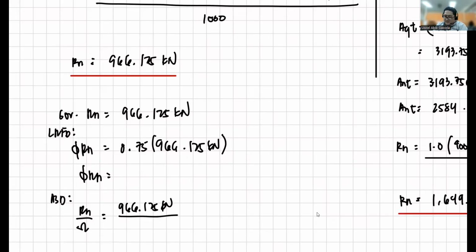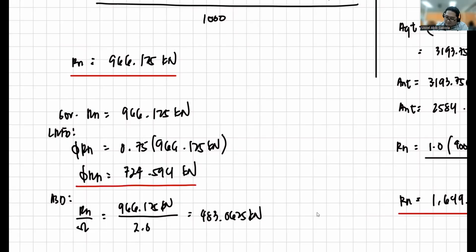Okay? So 966.125 times 0.75. Kasi parehas tayo ng net section rupture. Dito will be 2.0. So 966.125 divided 2, that is 483.0625 kilonewton. So that is the value for LRFD. It is the value for ASD.